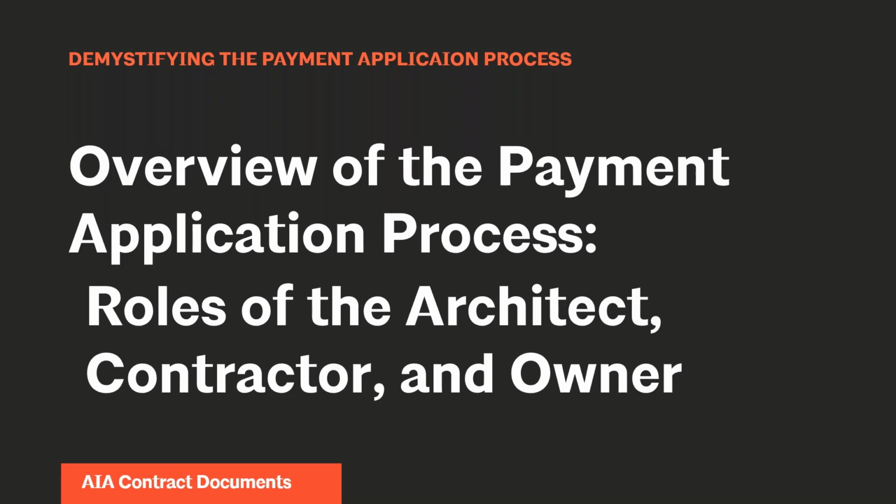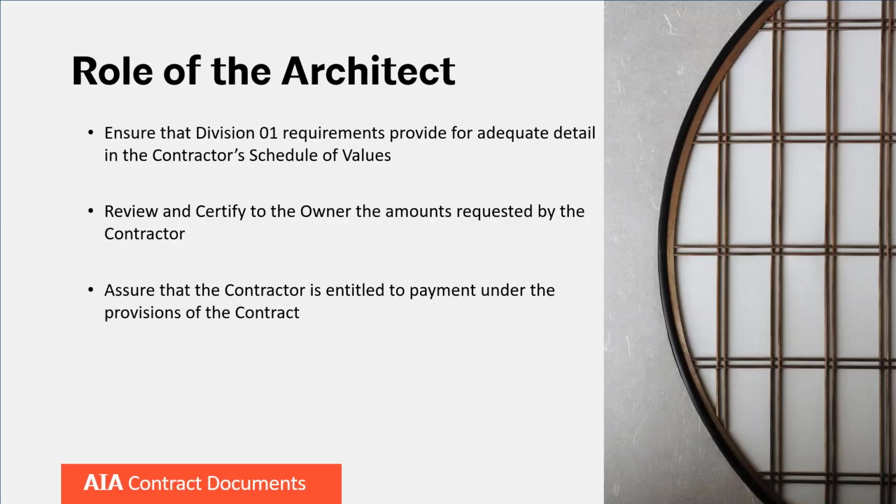So we will start by considering the different perspectives of the architect, owner, and contractor. Beginning with the architect, what is the architect's consideration when they are approaching this process in particular? One of the things that the architect will be considering is its preparation of the contract documents will include references to the payment application process.